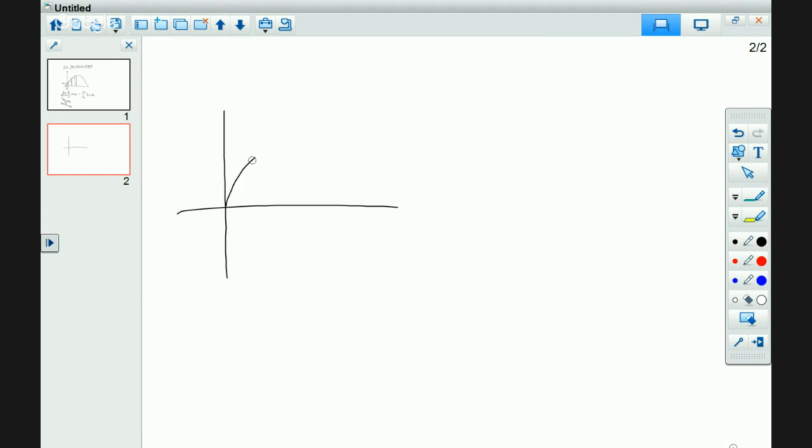So if I draw this, it's all positive area, right? That's all negative. The total area would be positive, right? Visually. So keep that in mind. You're subtracting out below the axis.